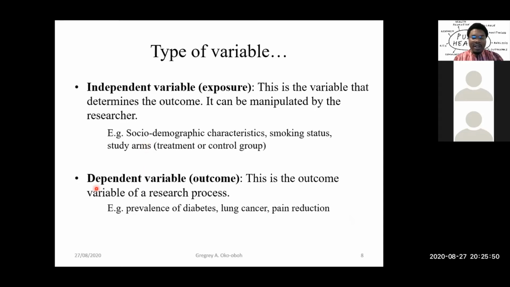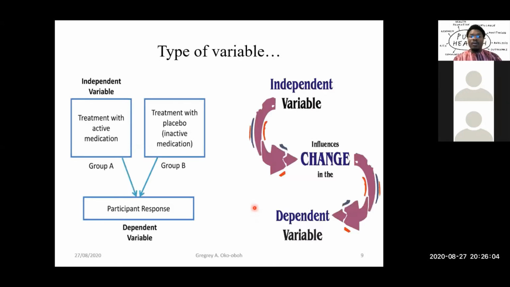Then the dependent variable, like I said, is the outcome. So I don't want to go over it again. Good examples include the prevalence of diabetes, lung cancer, pain reduction. All these are things that we may be interested in measuring as outcomes in a research process. I've already explained this, but in a diagrammatic way, these are independent variables: the study arm that the study participant belongs to divides them into exposed and non-exposed.